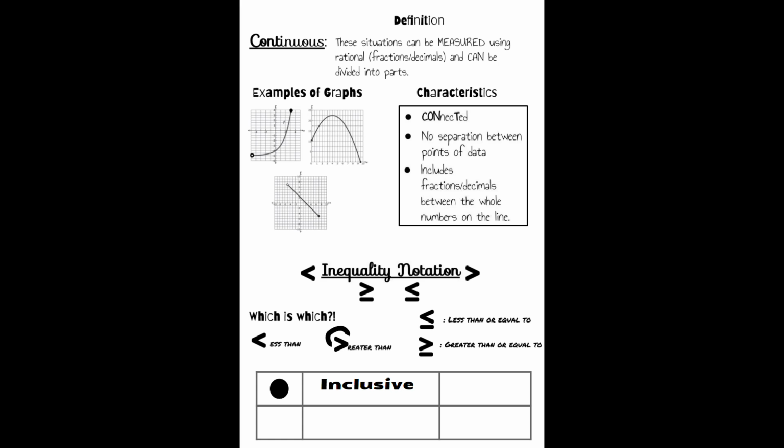Well, let's take off the inclusive part, and it kind of sounds like include. Yeah, that's what that sounds like. So, that's exactly what it means. It means that if I have a solid circle on that value, I am including that value. Because I am including that value, that means I'm saying it's also equal to that value.